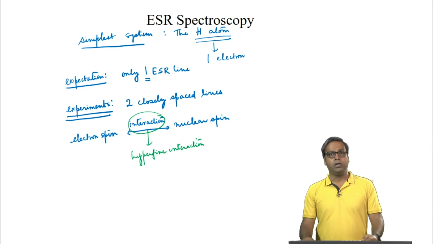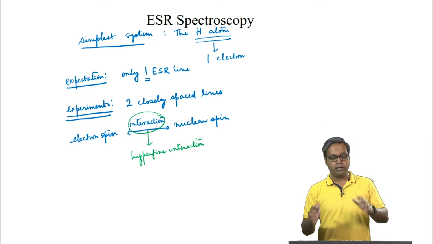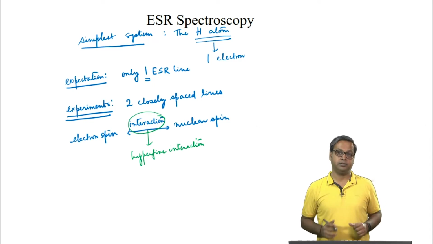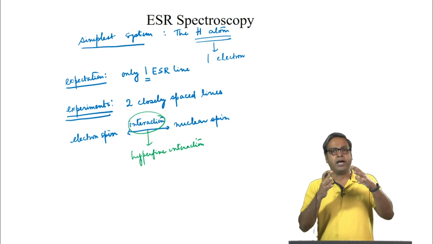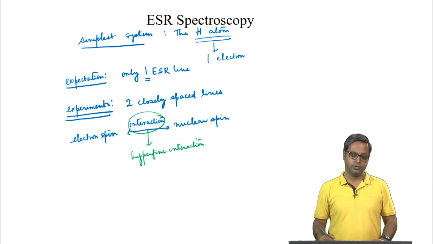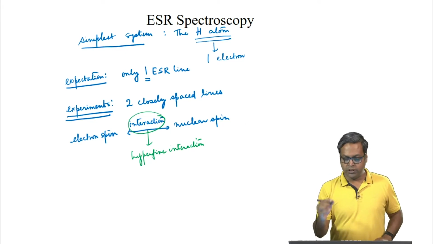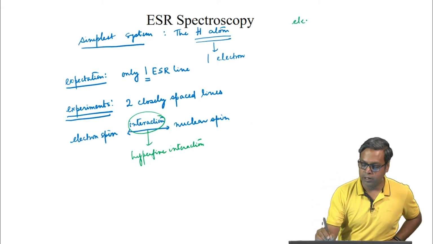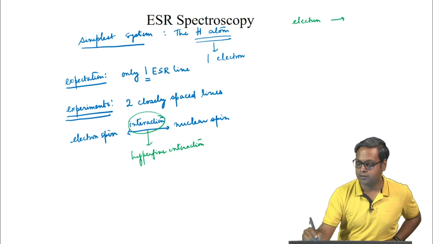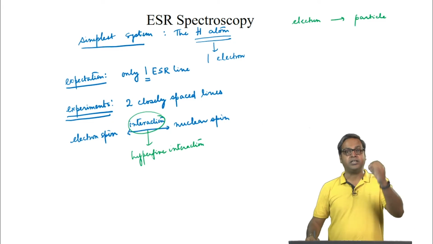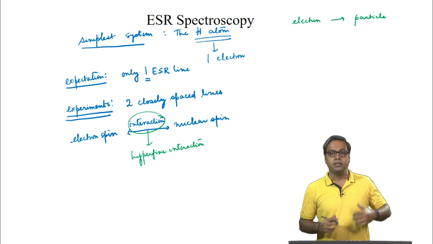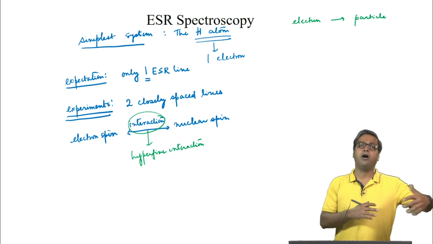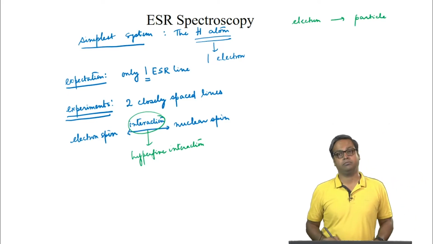Now if we consider the electron as a particle, it is difficult to think of interaction of the electron with the nucleus, because the nucleus is far away from the electron.